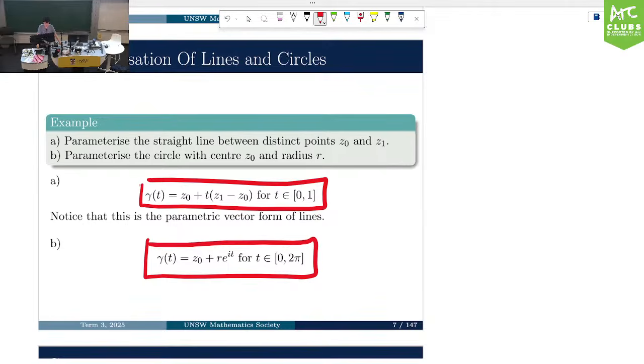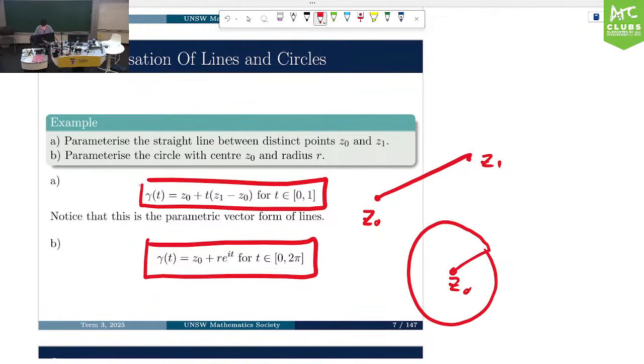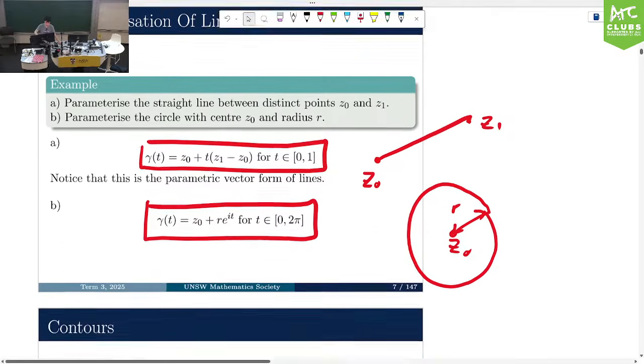By letting t be all real numbers between 0 and 1, we construct a line which connects z0 and z1 like this. The second parameterization parameterizes a circle of center z0 and radius r. It's worth memorizing those two to help in many of our integration tasks afterwards.